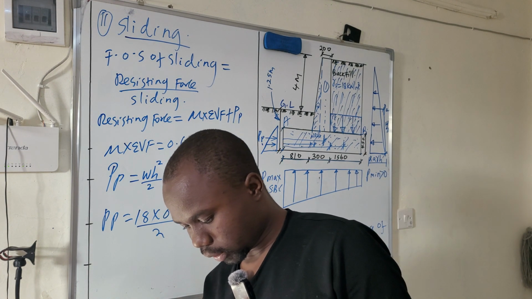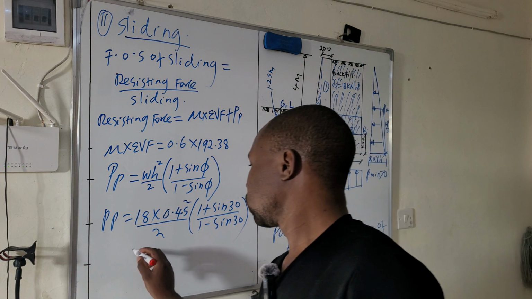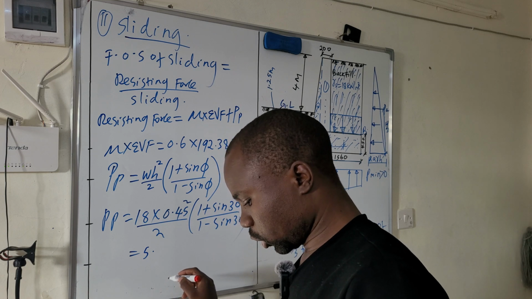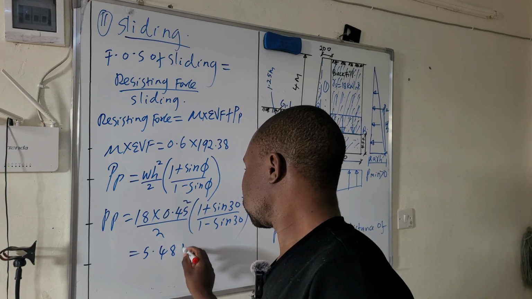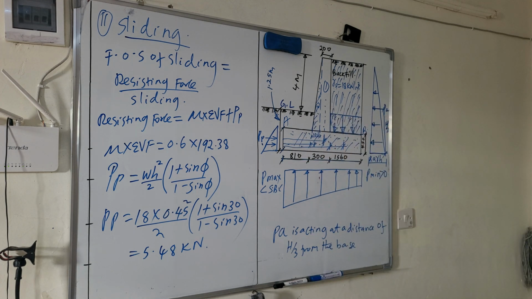So if you punch your calculator, you will get 5.48 kilonewton.